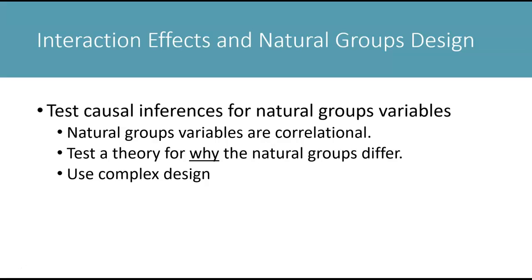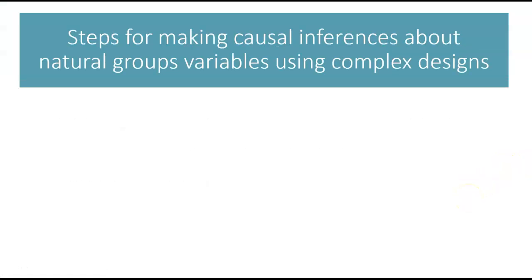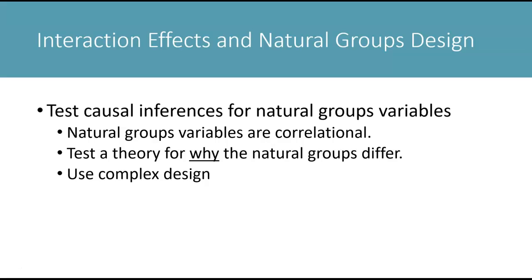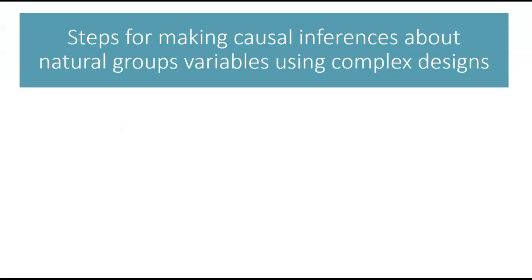And you would test using a complex design, maybe a couple of different types of tests or differences in levels of difficulty. And then you could make that argument that the pattern of data that you see supports your theory about sex differences. Now, there are some steps that you need to take.